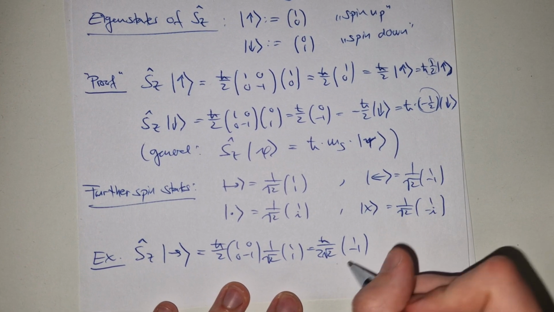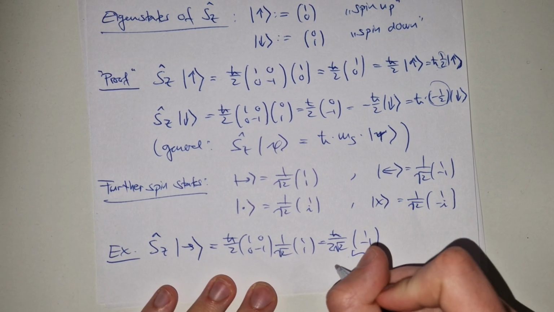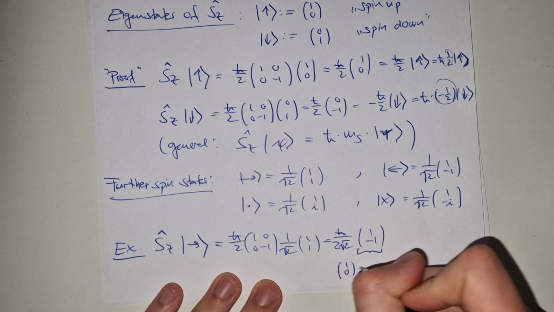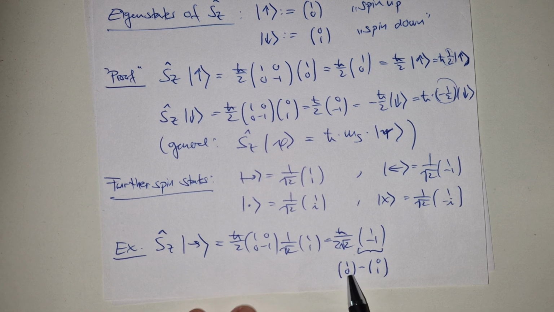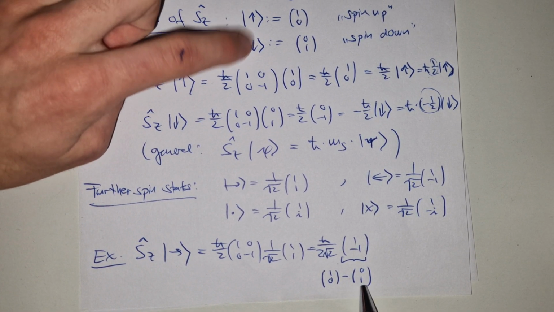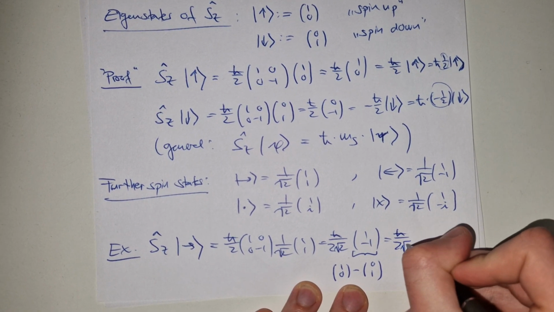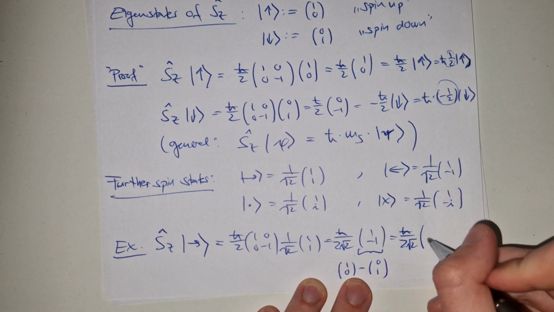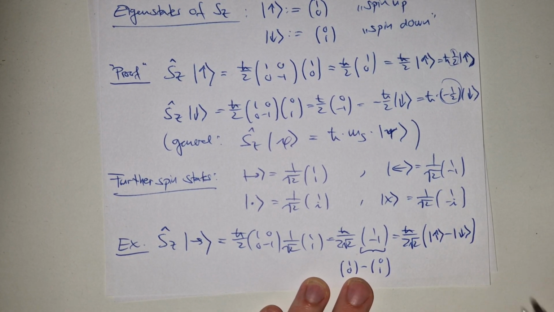What we now can see is that (1, minus 1) is actually a superposition of two things we know. (1, minus 1) is nothing but (1, 0) minus (0, 1). (1, 0) is spin up, (0, 1) is spin down. So this is some coefficients which are not so important, times spin up minus spin down.